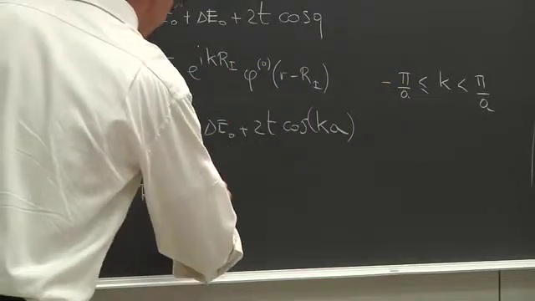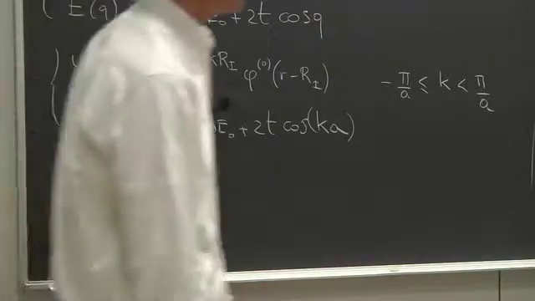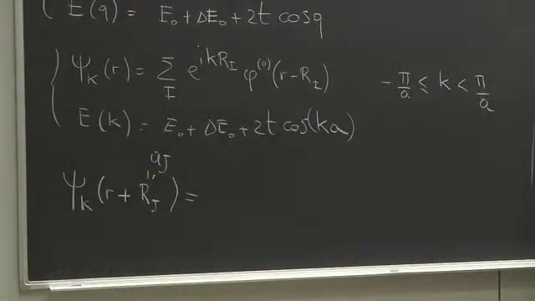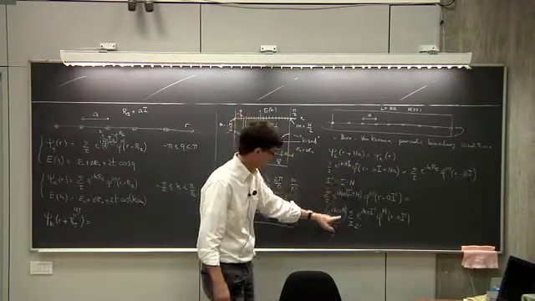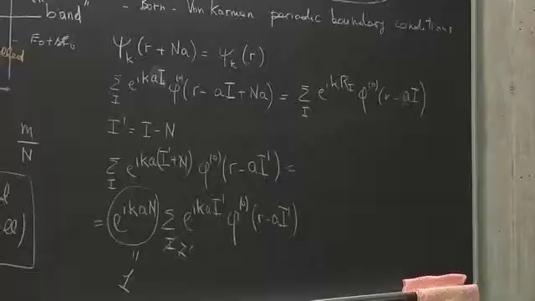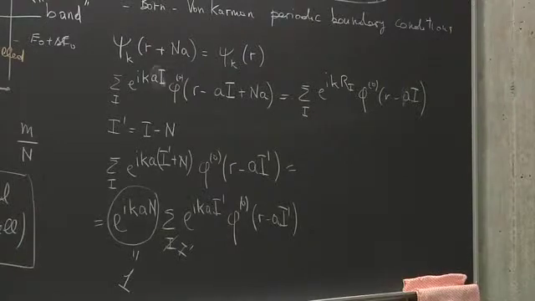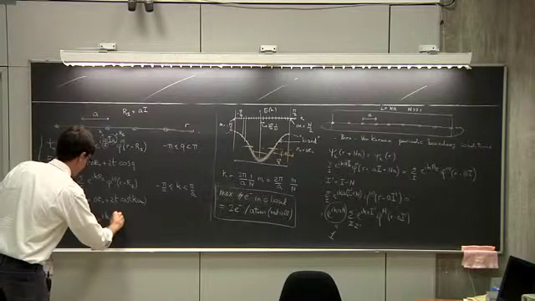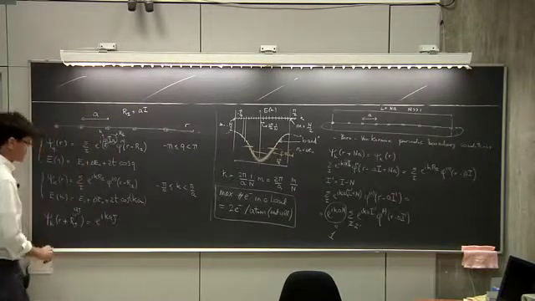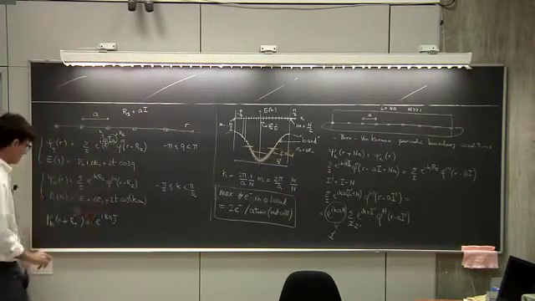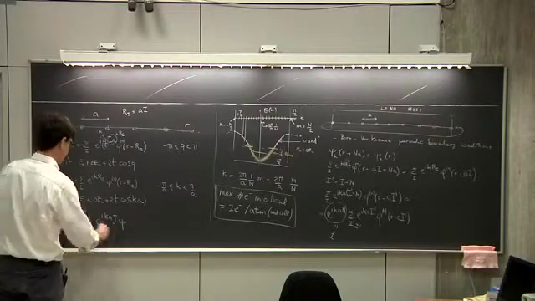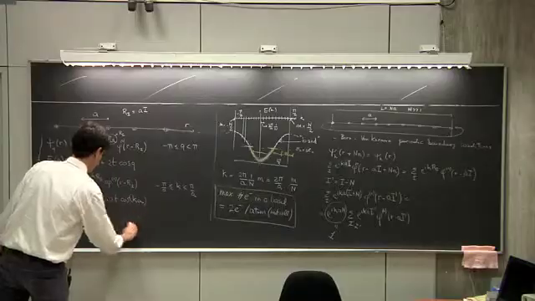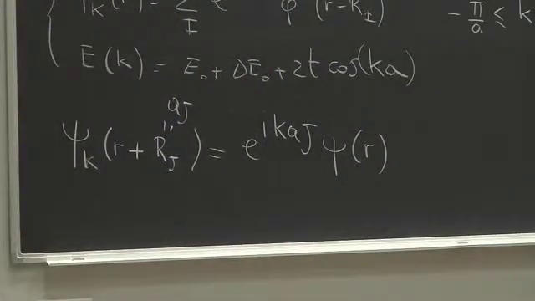What's happening if I do that? I can just replace j with n. Here I go. What I get is e to the i k a j times the same wave function, psi of r.